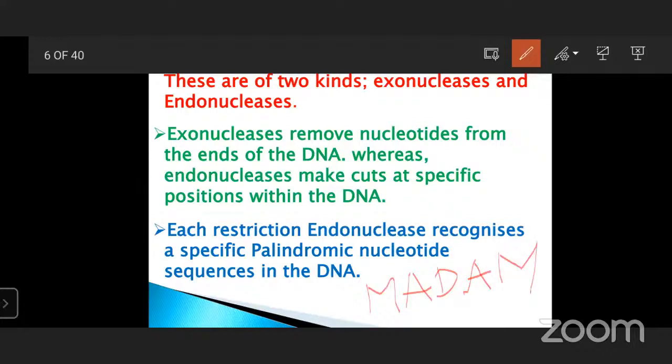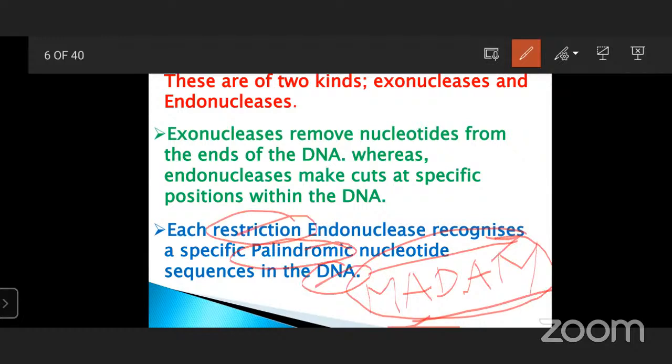When we read this word in any direction, from this direction as well as from this direction, the same letters are present. That sequence is called a palindromic sequence. So these restriction enzymes can recognize only palindromic sequences which are present in the DNA molecule.